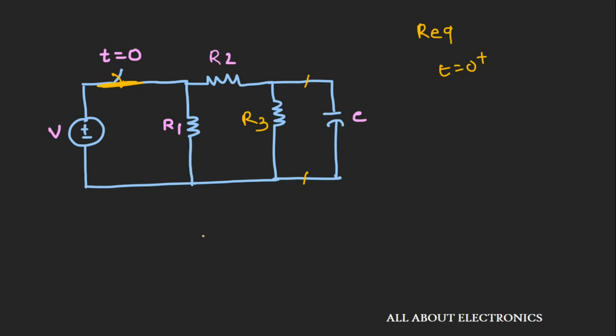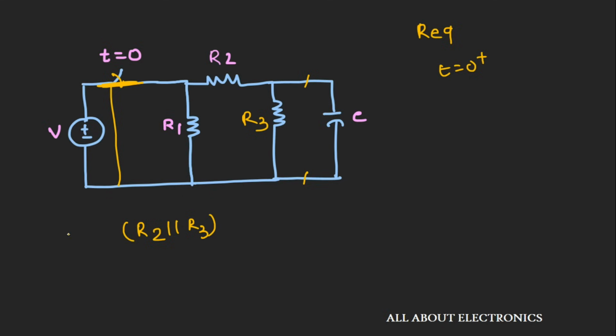And we already know that to find the Thevenin's equivalent resistance, we remove all the sources inside the circuit. So this voltage source will get short circuited, and if you see now, this R1 will also get short circuited. So the equivalent resistance across these two terminals is nothing but R2 in parallel with R3.